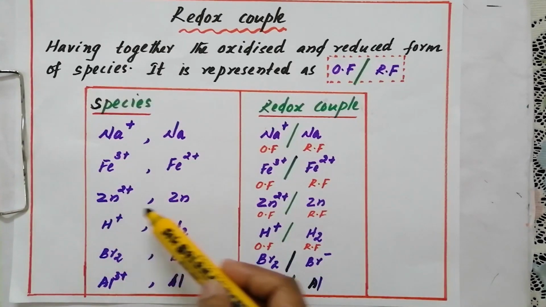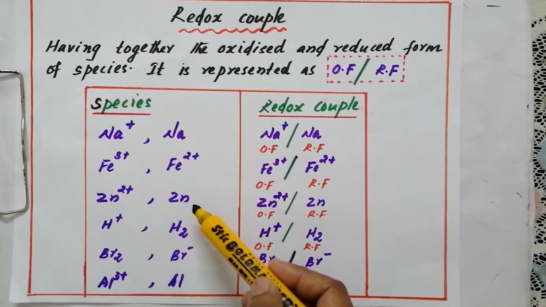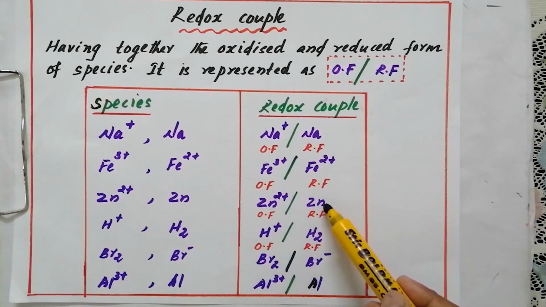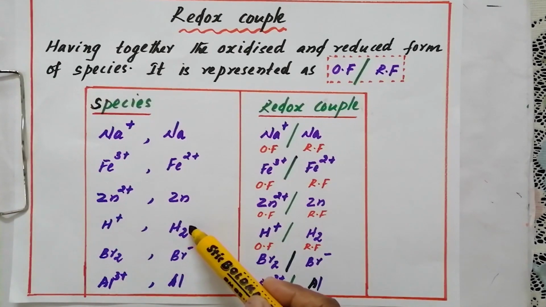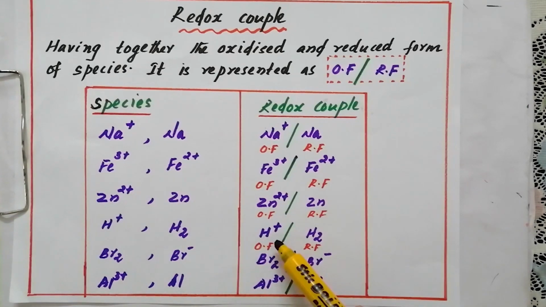Similarly, zinc redox couple is represented as Zn2 plus / Zn. And hydrogen ion and hydrogen gas. So when they form a redox couple, it is represented as H plus / H2, where H plus is the oxidized form and the H2 is the reduced form. Then bromine electrode. So this is represented as Br2 / Br minus.